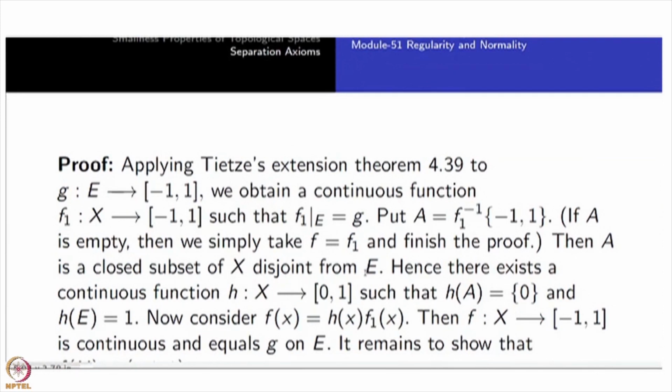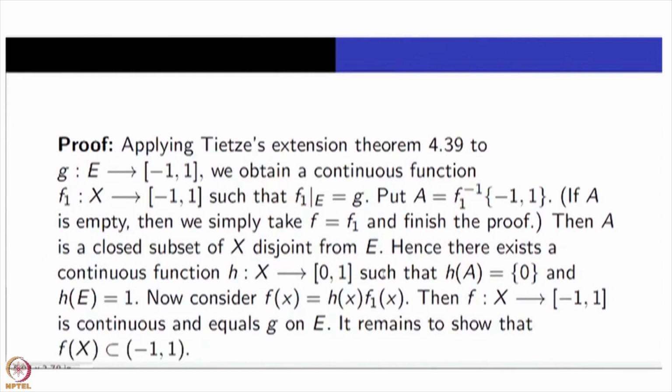In any case, A is a closed subset of X, disjoint from E. Why? Because to begin with, we started with a g taking values strictly inside (-1, +1), and F1 restricted to E is g. So A and E are disjoint subsets and both of them are closed. Hence, you can apply Urysohn's lemma here to get another function h from X to [0, 1] such that h of A is 0 and h of E is 1.